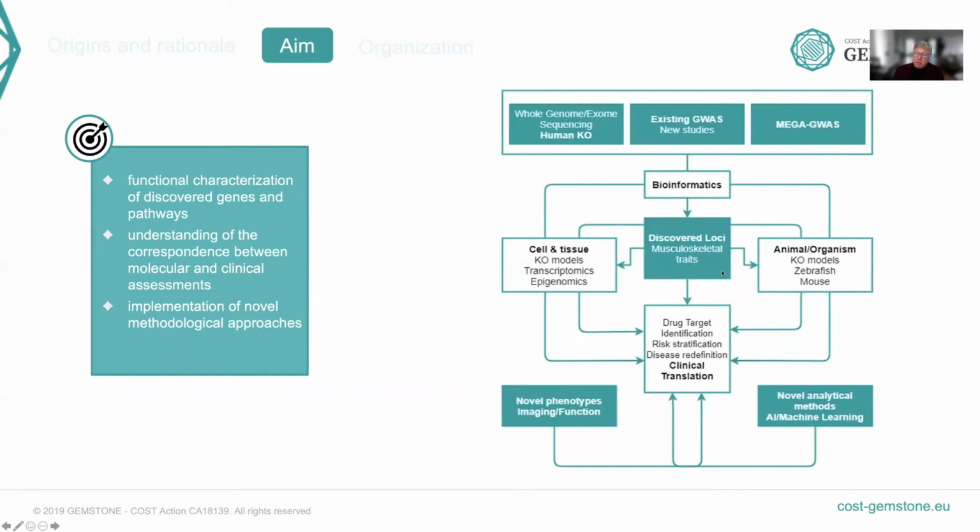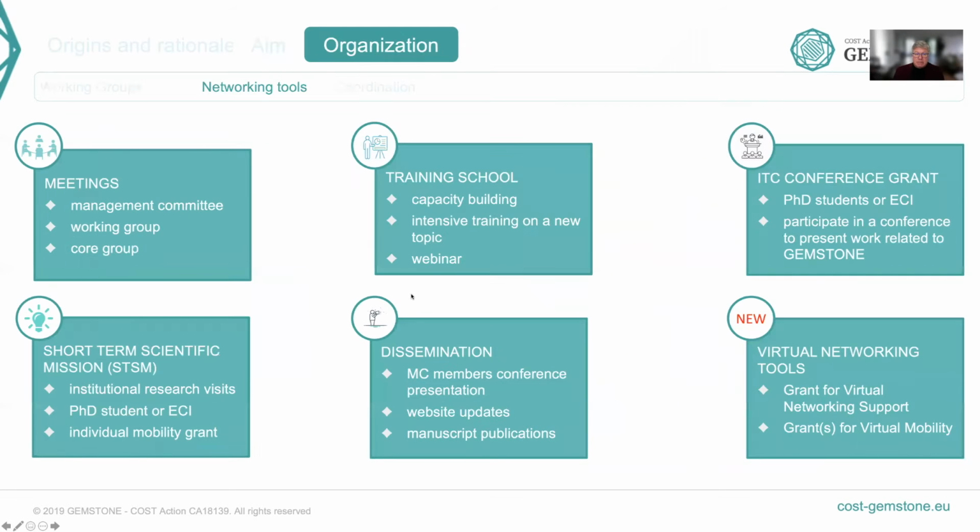And we needed to translate these discovered loci to the clinic, bringing together to the table experts in the fields of bioinformatics, on functional studies in cell and tissue models, in animal organisms, and of course with clinicians, where we could explore novel phenotypes that can be assessed, and also the use of novel analytical methods. And that's basically what GEMSTONE does.